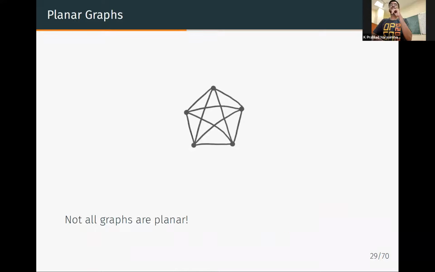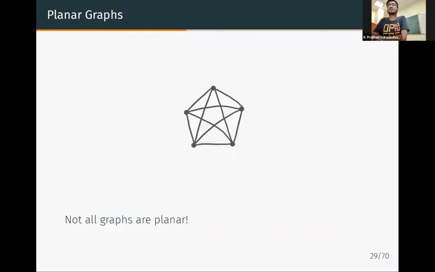Anyway, you also have to note that not all graphs are planar. Here's an example. You should once again ask me, okay, why is this not planar? How do I know that there exists no drawing of it which makes it planar?